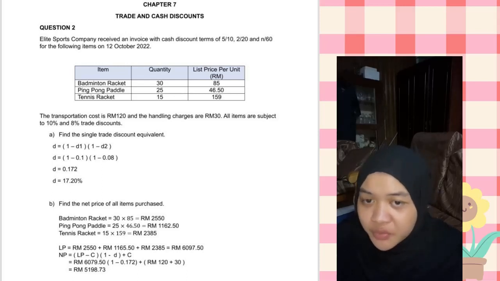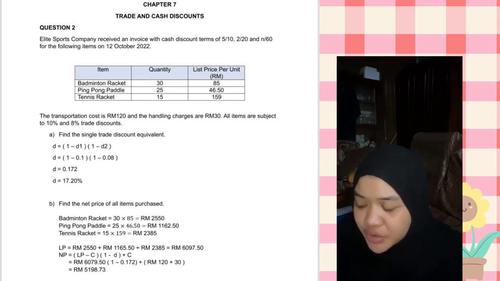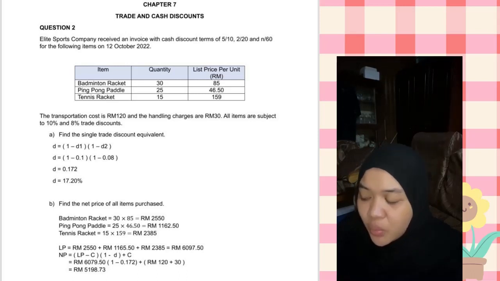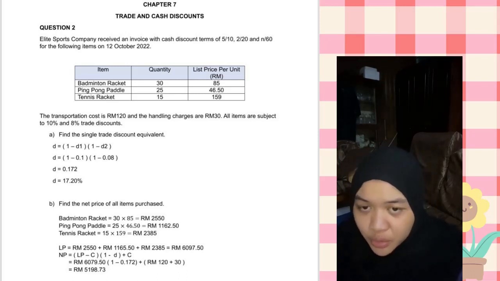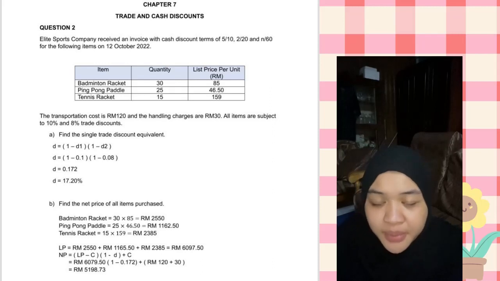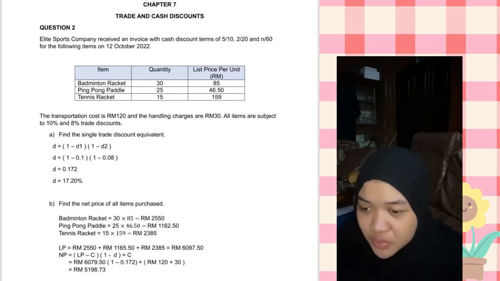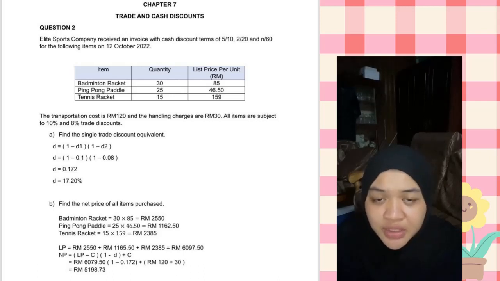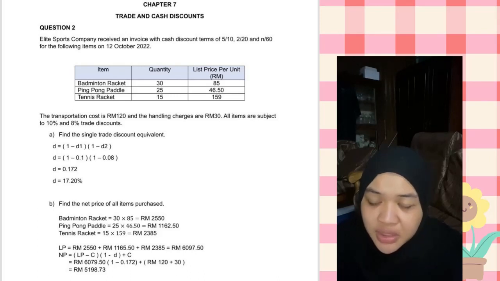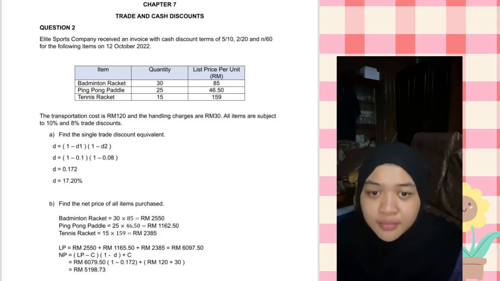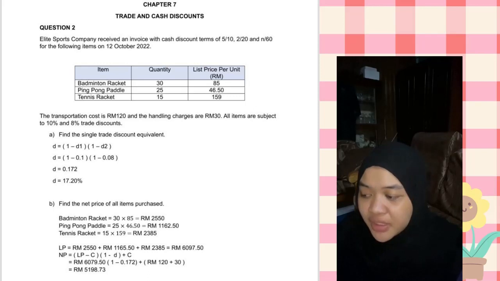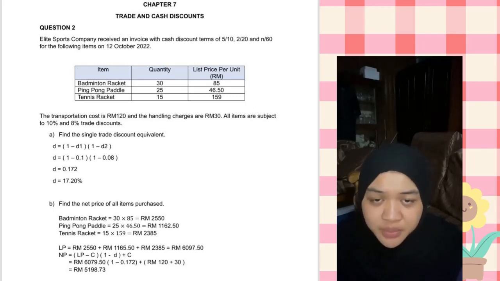We put all the information into the formula, so it will be D equal 1 minus (1 minus 0.3)(1 minus 0.08). So it will be 0.3560. So from decimal we convert into the percent, that it will be 35.60%.